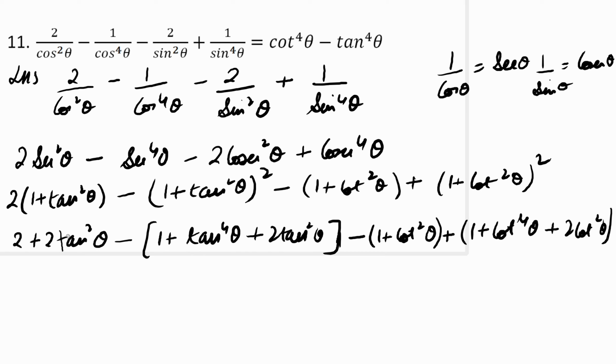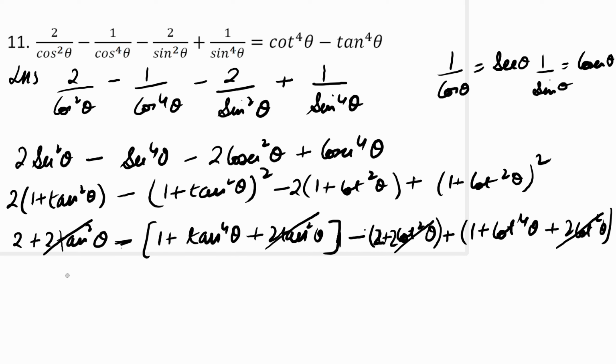So what can we see? This is plus, this is minus. Here is a minus sign over here. And this is minus. Here also there is 2. It will become 2 cosec square theta and 2 cot square theta. This will also cancel out by this.